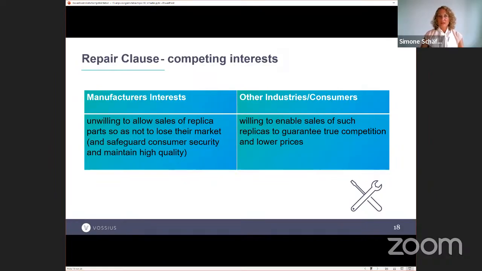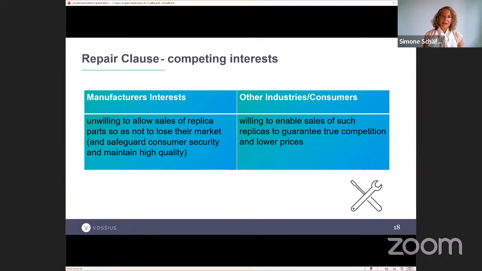And this repair clause has to address competing interests. On the one hand, we have the manufacturers' interests. The manufacturers and the design right holders, of course, are not willing to allow sales of replica parts because, first of all, they have their market for these kinds of products, but also they would like to safeguard consumer security and maintain their high quality.